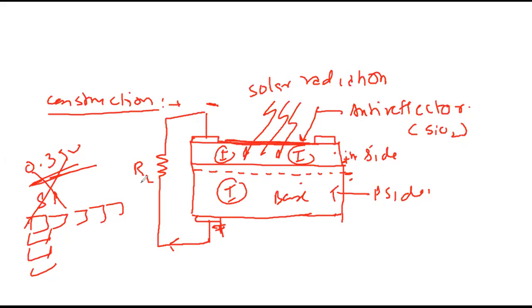The N side is also coated with an anti-reflector, which allows visible light to pass through it, and reflects the heat radiations, and protects the cell from heating.